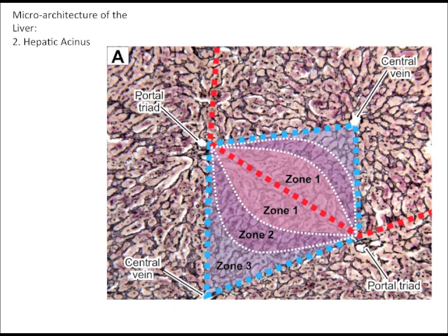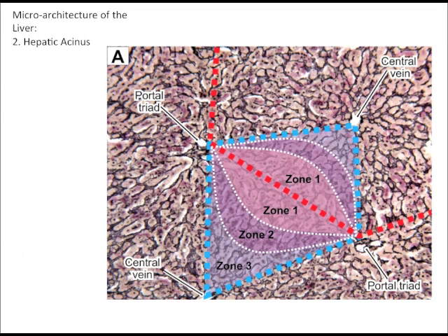Now, the second most commonly used organizational term is the hepatic acinus, and this is describing the flow of blood between two portal triads towards the central veins, two central veins.